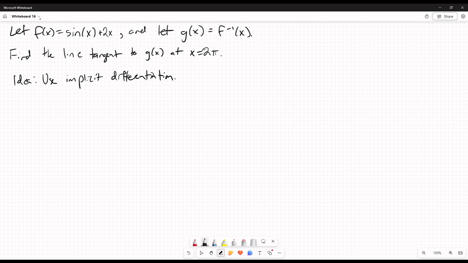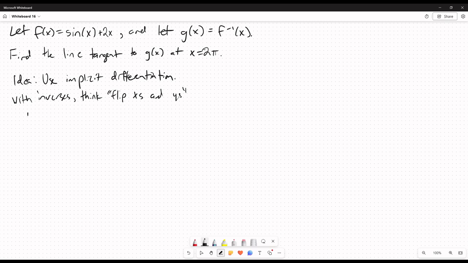So first, whenever we're talking about inverses, the idea is you want to think flip the x's and y's. Right now we don't have any y's, but we can introduce them.